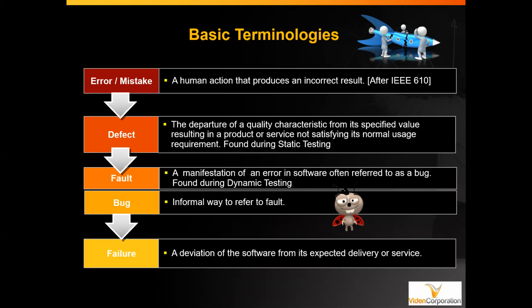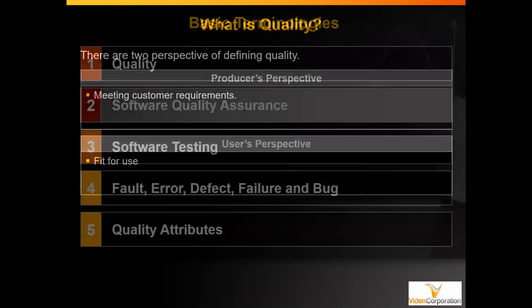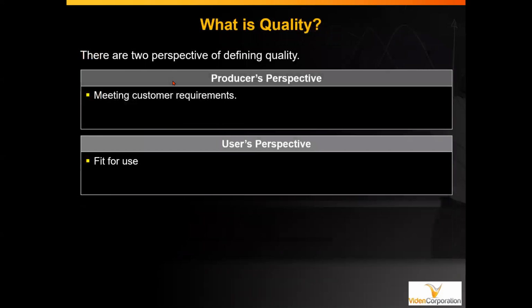But he was mentioning everything from the customer perspective, like meeting requirements for customers. So he was not mentioning the producer perspective, people who build the product versus people who will use the product. So quality has two definitions, and the two definitions are based on the perspective. This is the company.